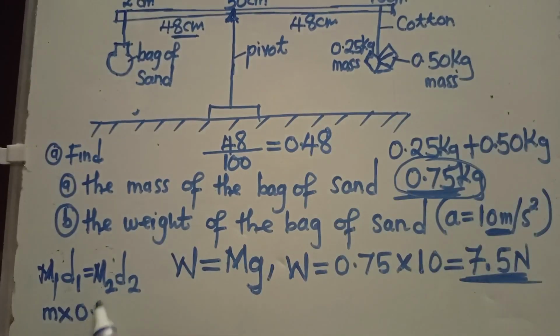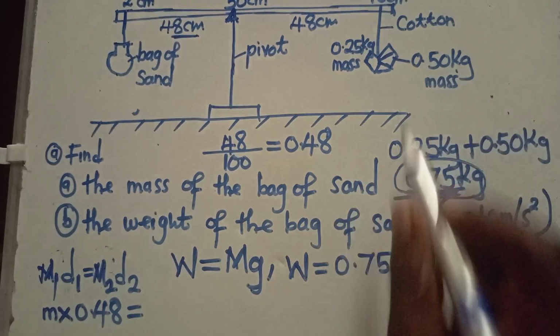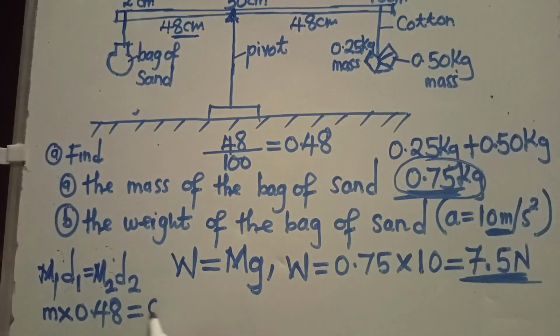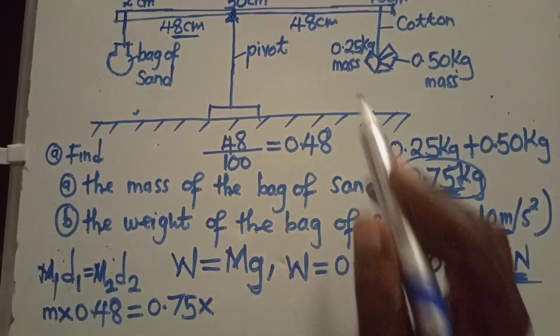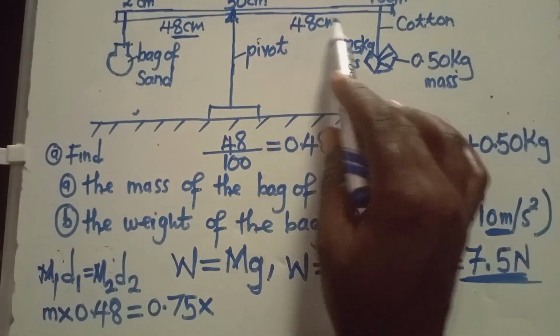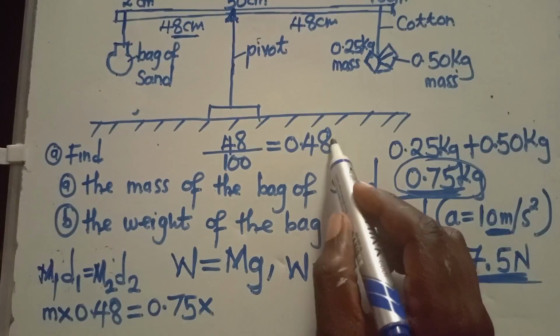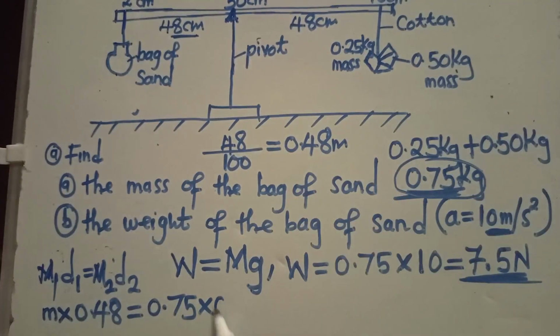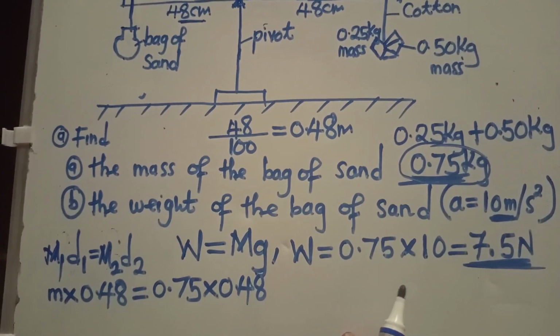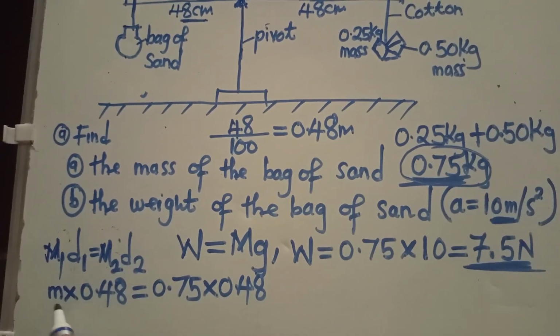So here we get 0.48 times m is equal to, what is mass 2? We add here 0.75 multiplied by the distance 48, converted to meters, 0.48. So when you reach here, we divide both sides by 0.48.